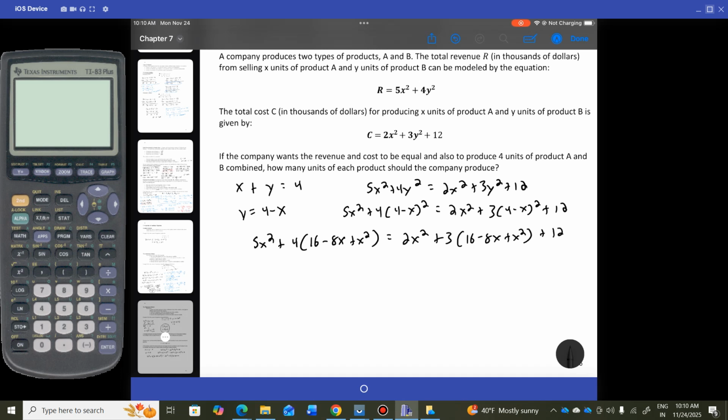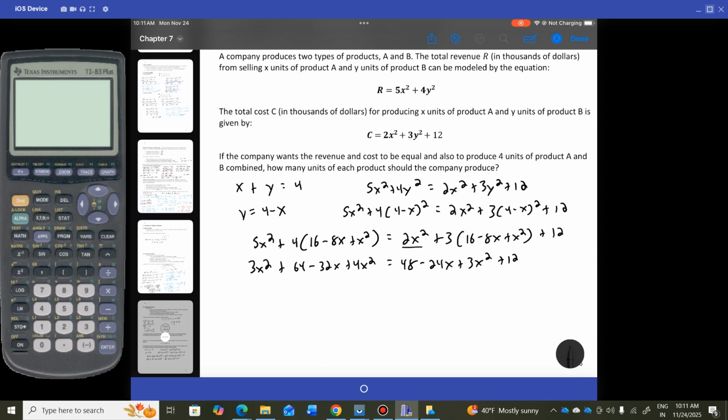And multiply in the 4, multiply in the 3. I'm also going to just subtract over the 2x squared while I can. So 3x squared plus 64 minus 32x plus 4x squared is 48 minus 24x plus 3x squared plus 12.